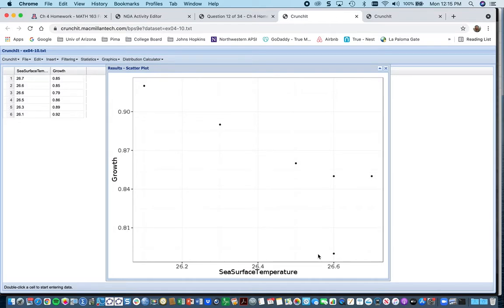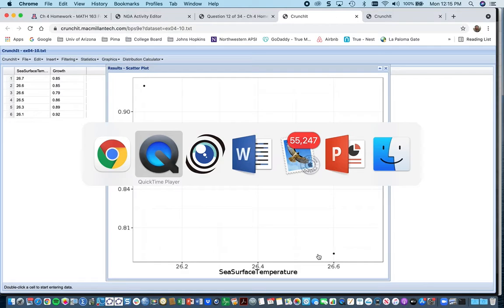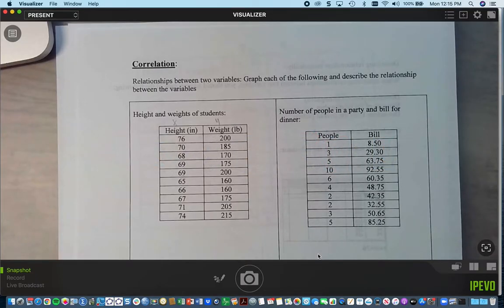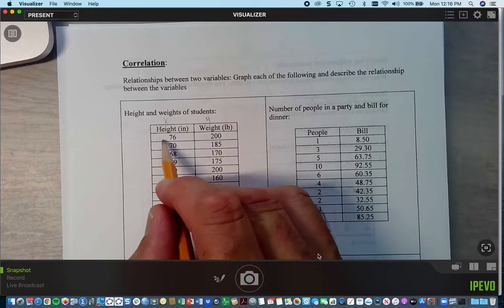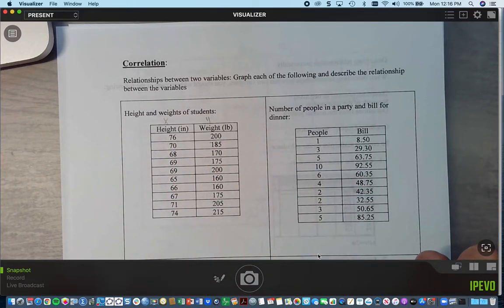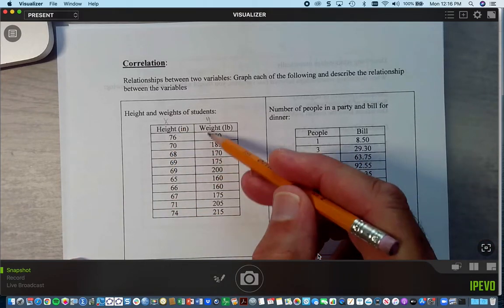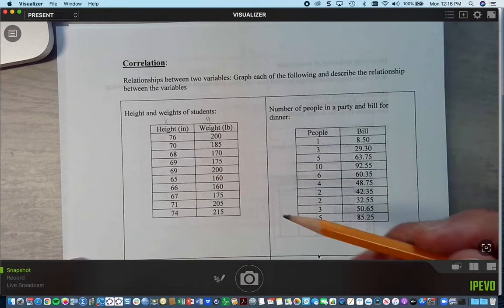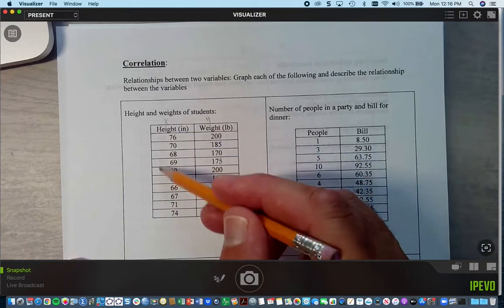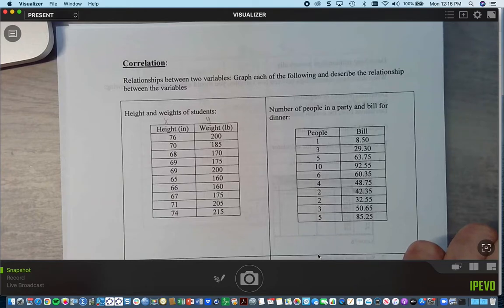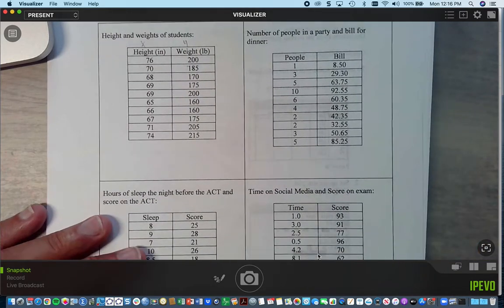There is a little bit of attention given to which one of these is the explanatory variable and which one is the response variable. If we're talking about height and weight, and we want to think about which variable might explain the other one, it seems like we could go either way on this. If we knew how tall somebody was, we might be able to say something about how much they weigh. If we know how much somebody weighs, we might be able to say something about how tall they are. This next data set is the number of people that went out to dinner and how much their bill was.